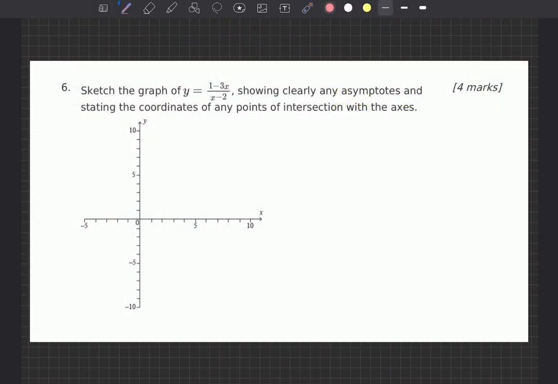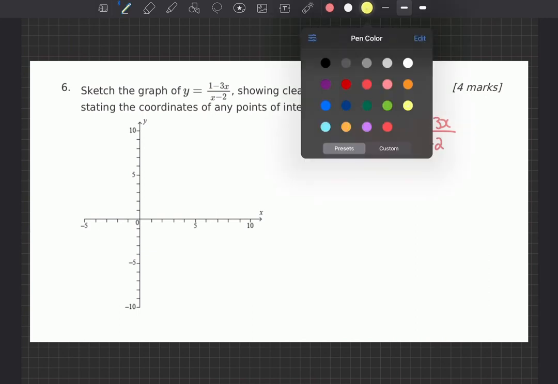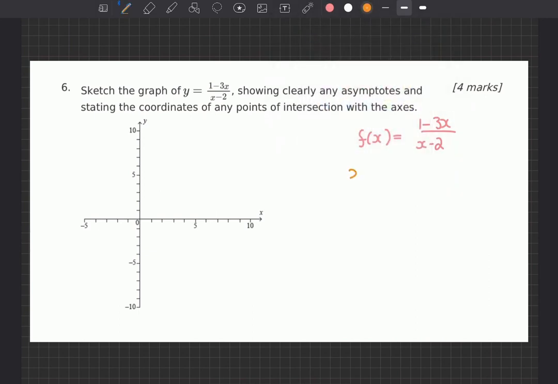Okay, to finish this video off, we'll do a quick IB past paper question asking us to sketch the graph. So here we have f of x equals 1 minus 3x over x minus 2. First, let's start with the asymptotes. Your x asymptote is, as we said before, when you have a fraction, the bottom cannot be 0.